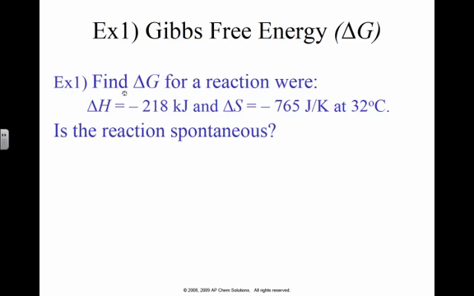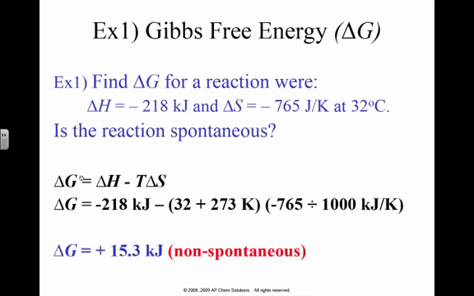So, first one we're going to do is find delta G using the delta H value and the delta S value, and here's my temperature. So I'm going to do delta G equals delta H minus T times delta S. Don't forget that delta S, I need to convert this joules right here to kilojoules. So delta G equals delta H, which is negative 218.